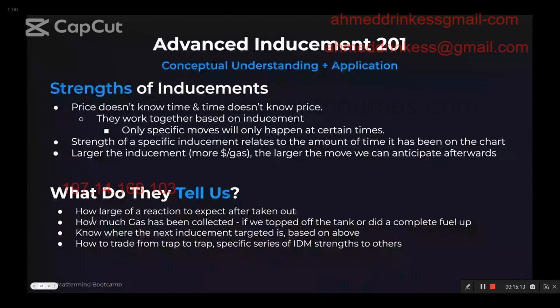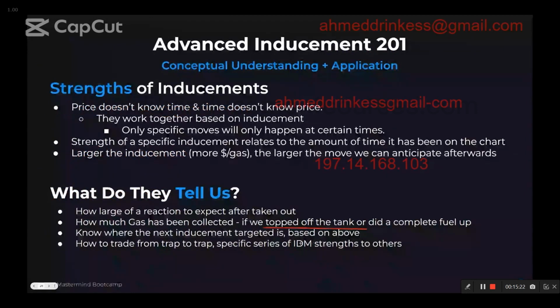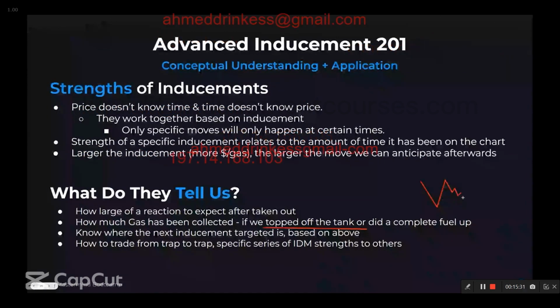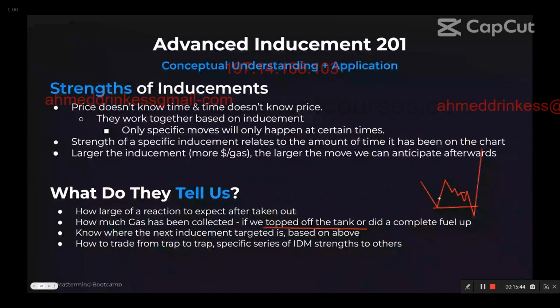It also tells us how much gas has been collected. Are we just topping off the tank, putting in the extra fuel to then get to our destination? If we're already in sells, maybe this is some 1 minute right here. Are we just topping it off a little bit to then go lower? Or have we already made the main fuel up and are we ready to go the other direction?